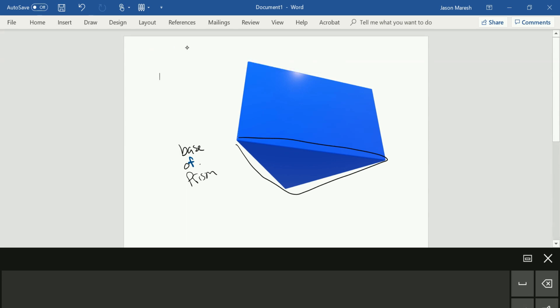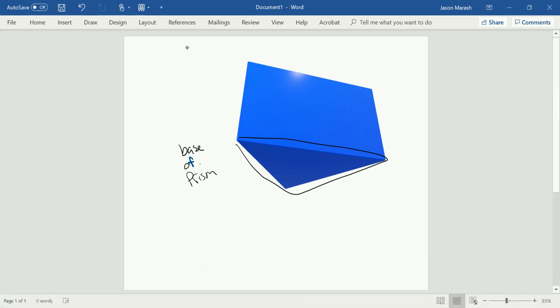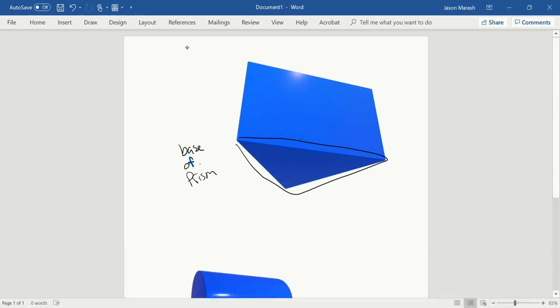Where would the height of the prism be? It's perpendicular to the base. So see how the base is a two-dimensional shape. It's a triangle. So then the height would be this piece right here, which is perpendicular to the base because there is a 90-degree angle there. So this would be the height of the prism.